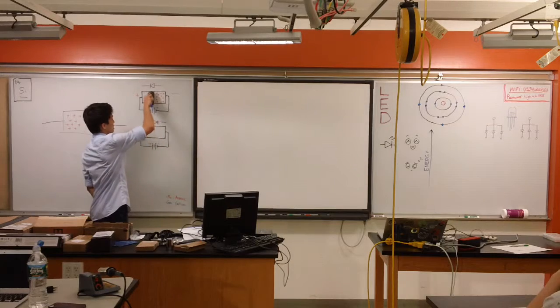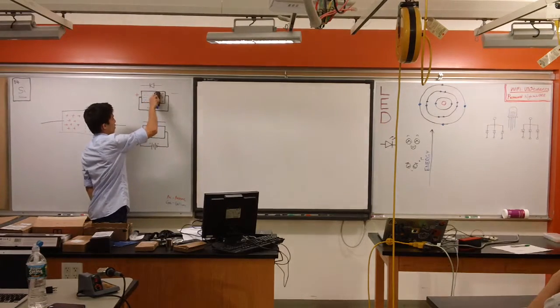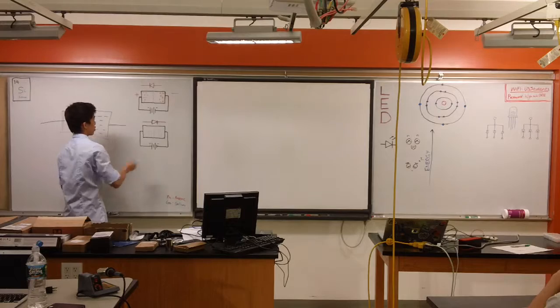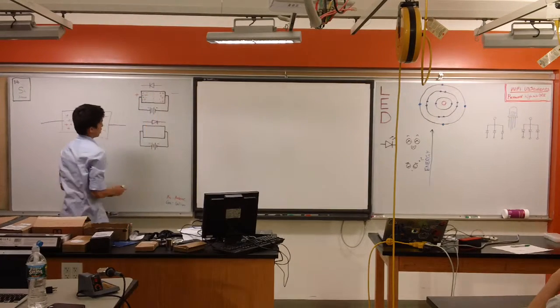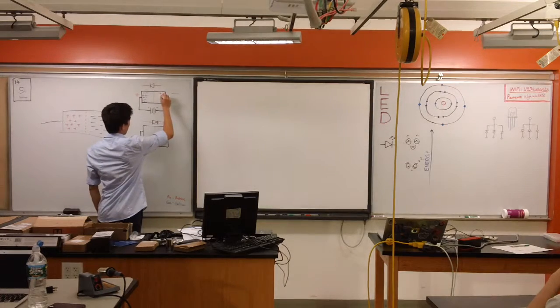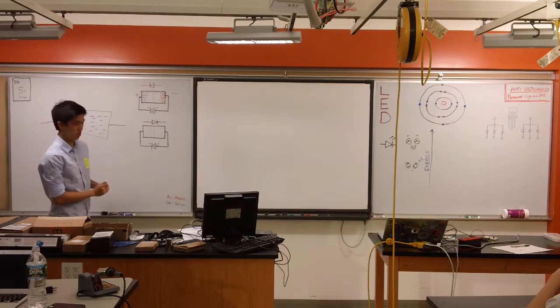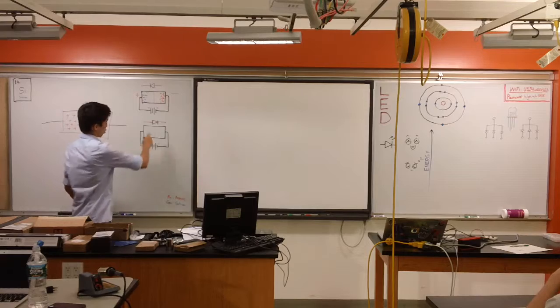So what happens is they separate out like that, right? So you get a bunch of negative charges all over here, and then you get all your positive charges all over here. Yeah? And then in the middle, what you're left with is just normal silicon.